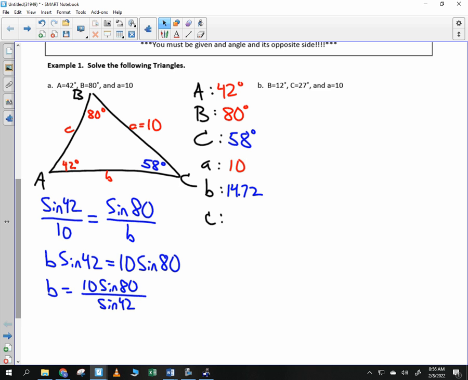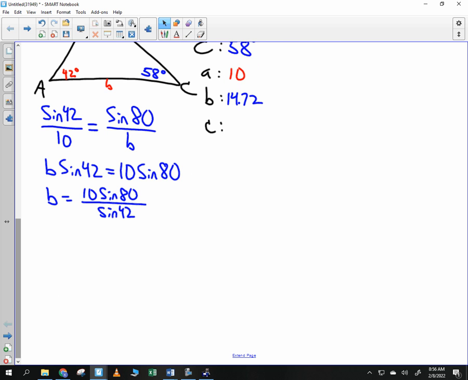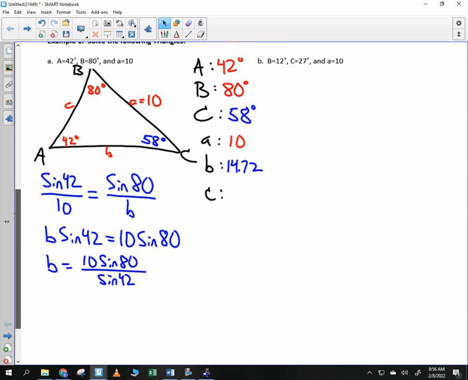I'm going to have you do this next part on your own. Okay? You want to find side C. If you want to find side C, which angle are you going to use? You're going to use angle C. Notice that you now have side B is 14.72. So you could do sine of 80 over that, or you could go back and use sine of 42 over 10.